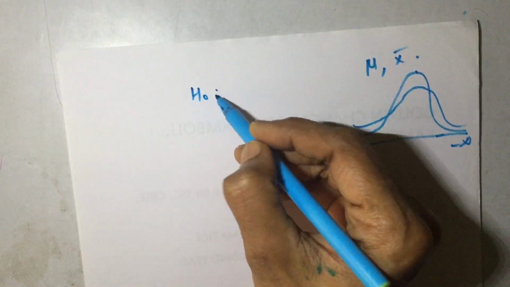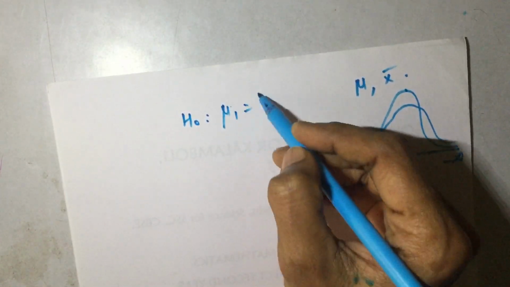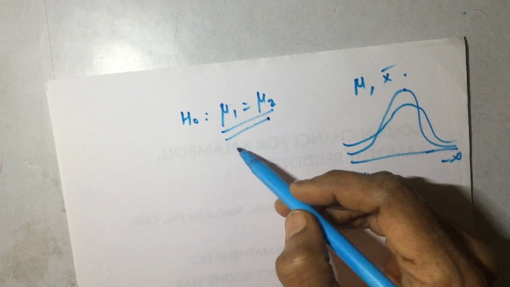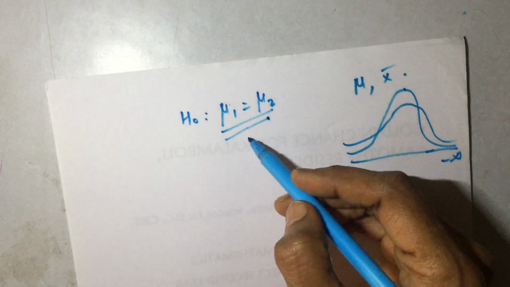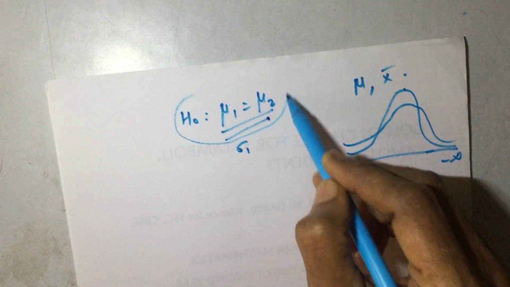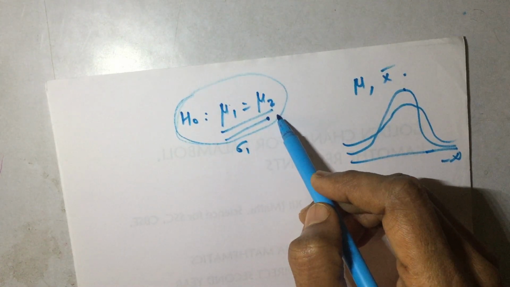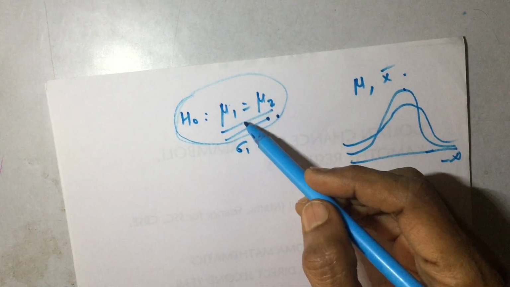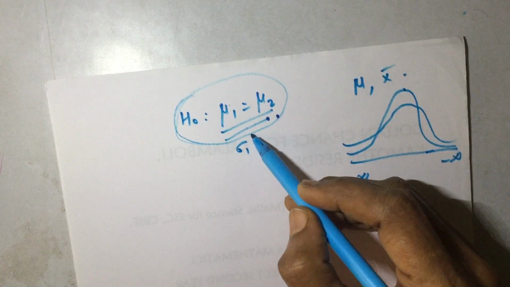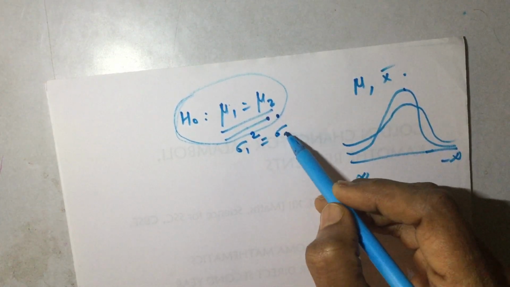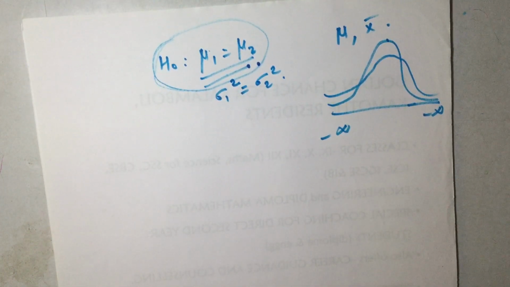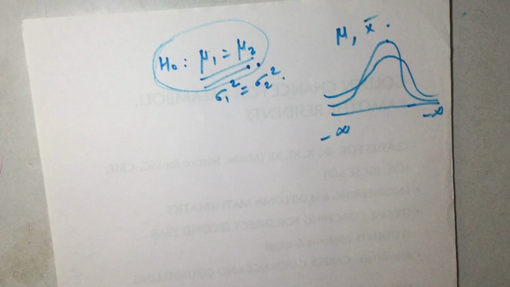If you are testing H0: mu1 equal to mu2, that is, whether the population means are the same or not, then we assume that their variances are equal, sigma 1 square equal to sigma 2 square. These are two of the assumptions we need to make before doing a T-test.